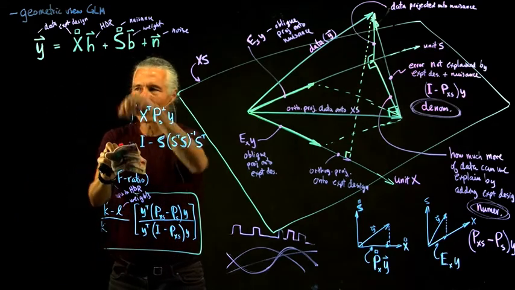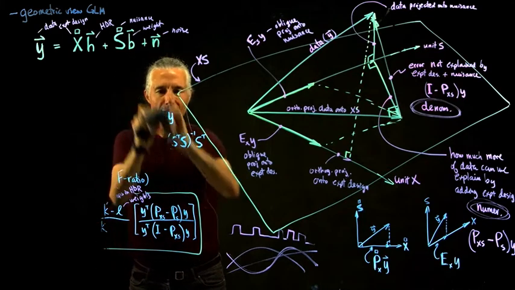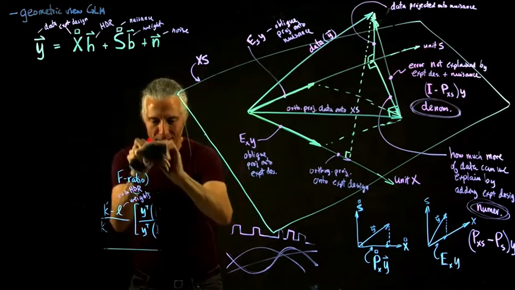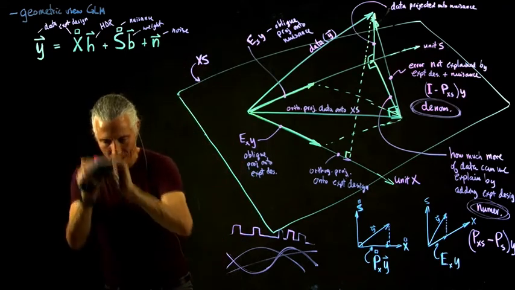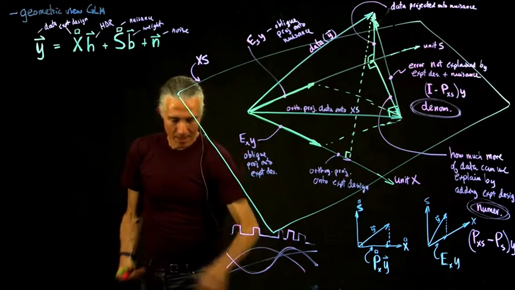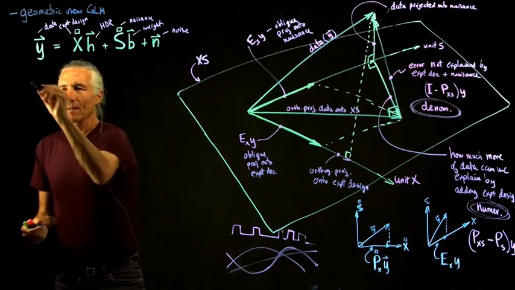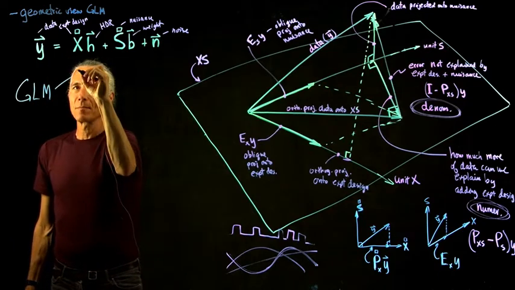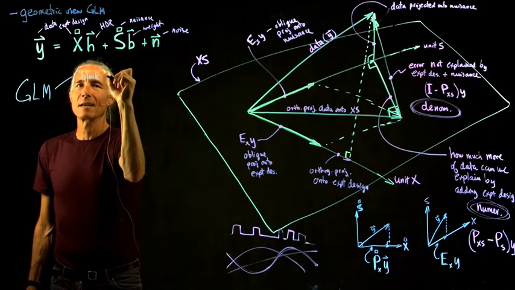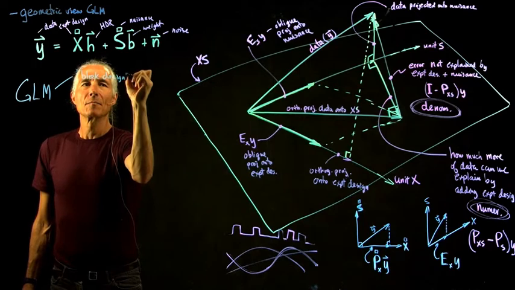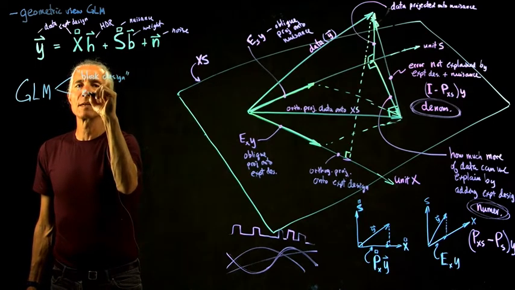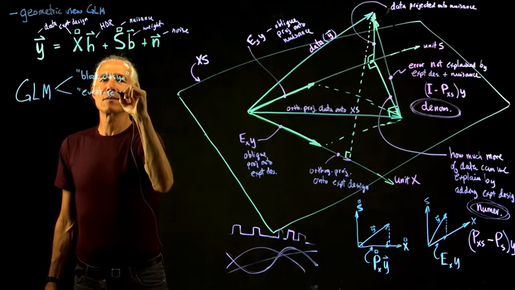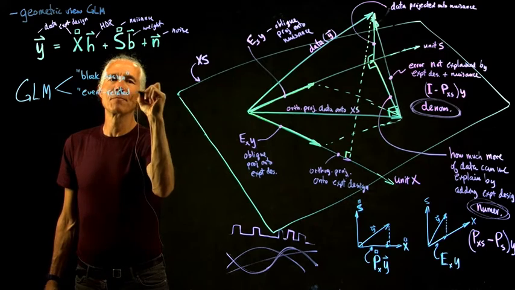This deconvolution method of thinking about it applies to block design as well as event-related design. So our GLM is okay for block design, which is the way I've been illustrating it, but it's also fine for so-called event-related design. They're not different in the way that they're analyzed.